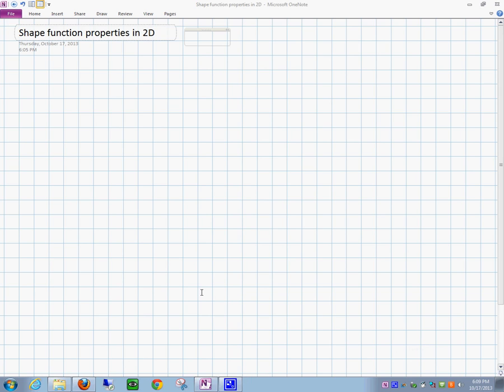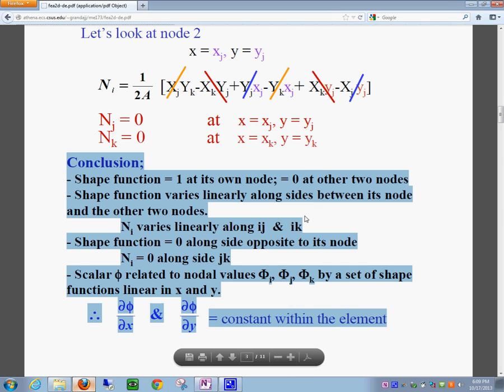So we're going to be talking about now the shape function properties in 2D. I had stated to you that we have to understand several properties that shape functions have in 2D. First of all, a shape function is 1 at its own node and it is 0 at the other two nodes.